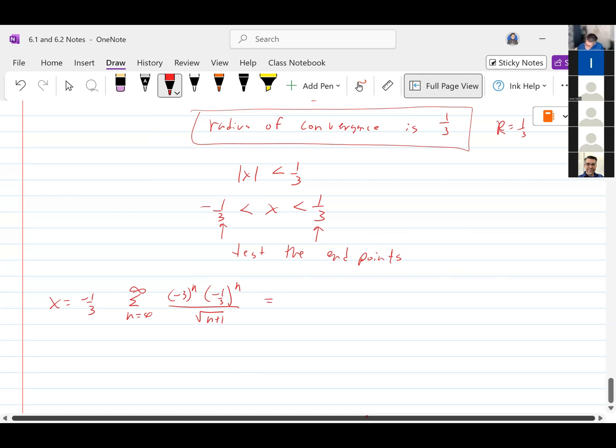So this is equal to -3 times -1/3, all raised to the nth power, all over the square root of n plus 1, summation n equals 0 to infinity. This is going to be -3 times -1/3, that's just 1. This is 1 to the nth, over, summation n equals 0 to infinity of 1 to the nth all over, I'm going to write this as n plus 1 to the 1/2.